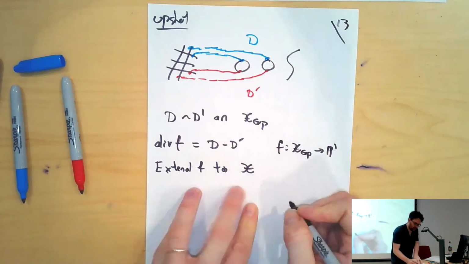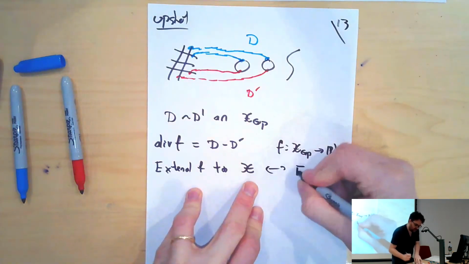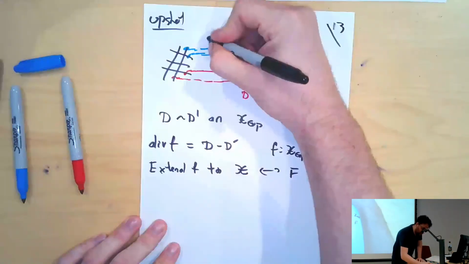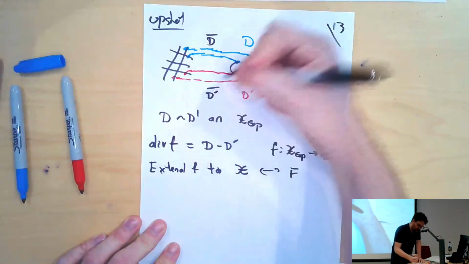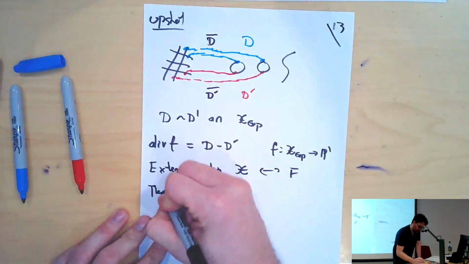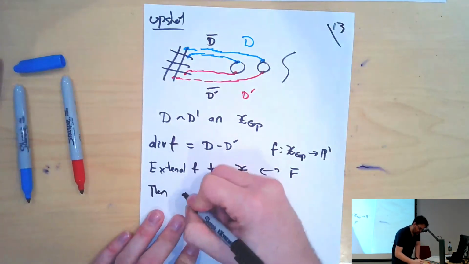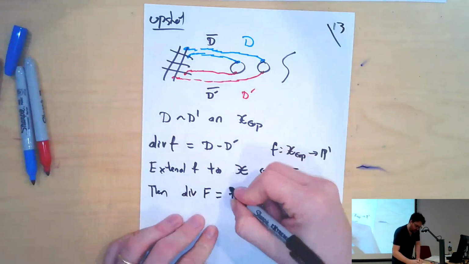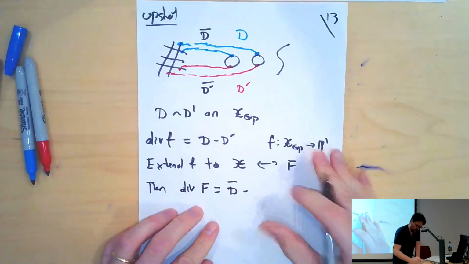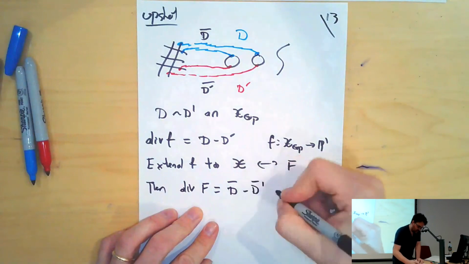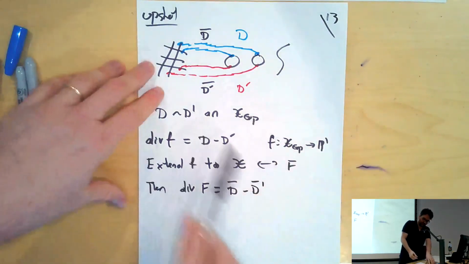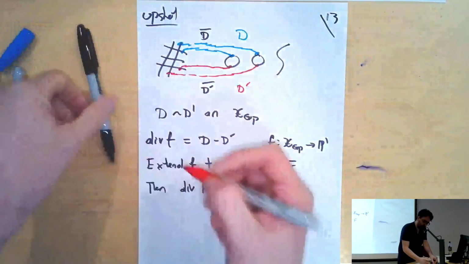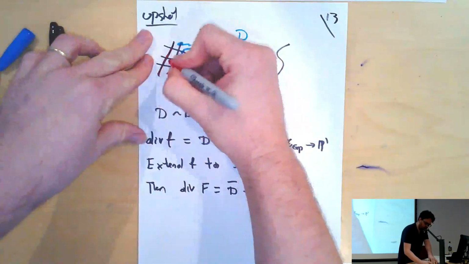If we extend it to the full model, let's call this capital F, and let's call these closures D bar and D prime bar, then div of capital F is D bar minus D prime bar, except that this function F can now have zeros and poles along components.